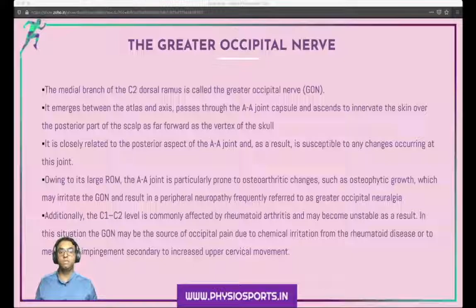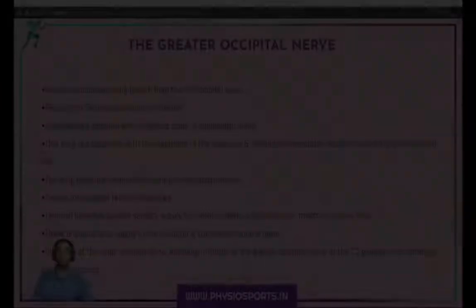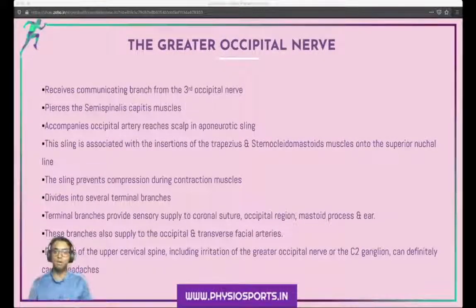Additionally, the C1-C2 level is commonly affected by rheumatoid arthritis and may become unstable as a result. In this situation, the greater occipital nerve may become a source of occipital pain. Also, this nerve receives a communicating branch from the third occipital nerve before piercing the large semispinalis capitis muscle.